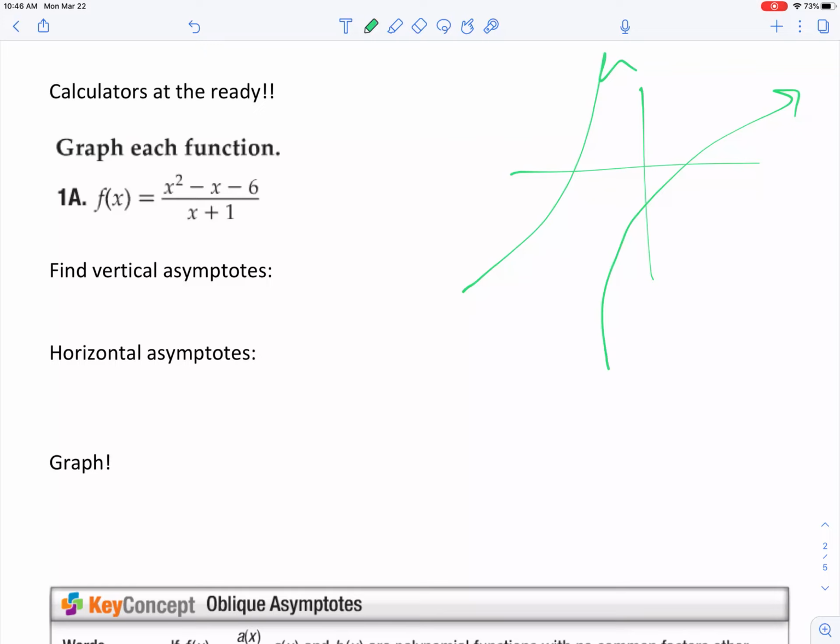To find the vertical asymptotes, I'm looking for where the bottom equals 0. So take the bottom, put it equal to 0. So the vertical asymptote is at x equals -1, which, if you look at my graphing calculator, is what it looks like. Not so much on my little sketch over here, but I promise on my graphing calculator it does.